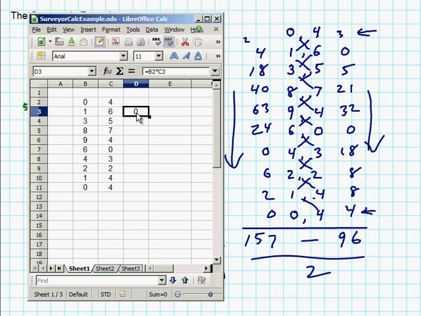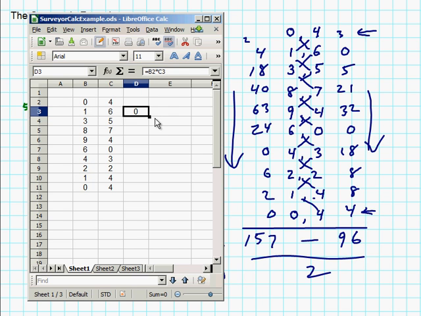So if I click on this, notice up here it says B2 times C3. Let's look at that. Here's B2. That's the 0. And here is C3. So this one says B2 times C3. And it turns out 0 times 6 is 0.